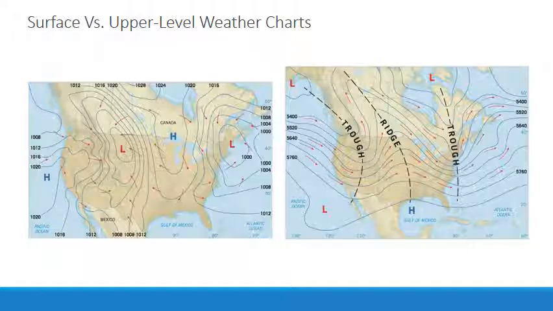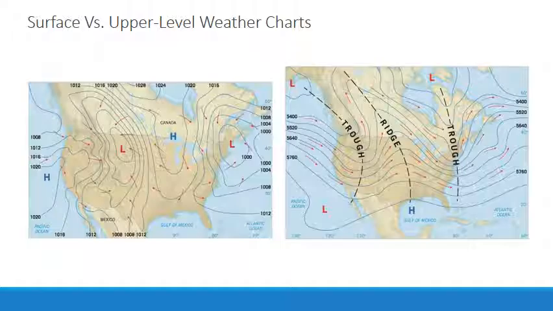The 500 millibar chart is important because major weather systems tend to travel in the direction of the winds at that level. Like other upper air charts, the 500 millibar chart shown here shows variations in the height at which the 500 millibar level is found. So these constant lines, these iso lines, are not the atmospheric pressure.